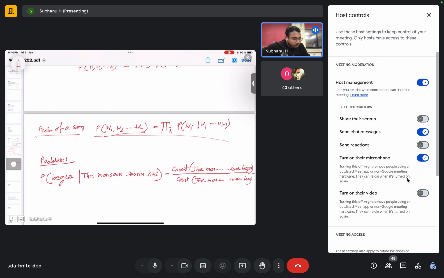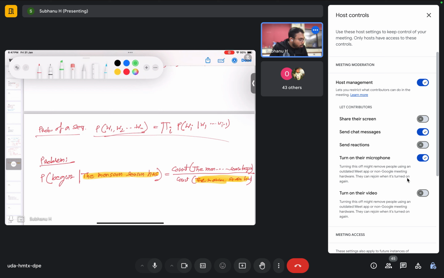Basically, I am counting how many times in my corpus the monsoon season has is there, and how many times the monsoon season has begun is there. Okay, so that's how we count this.